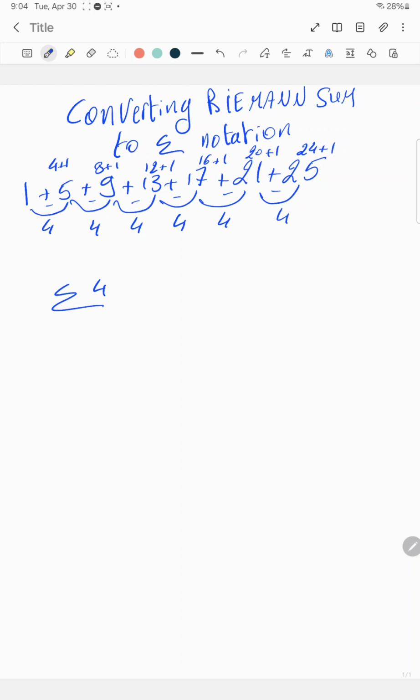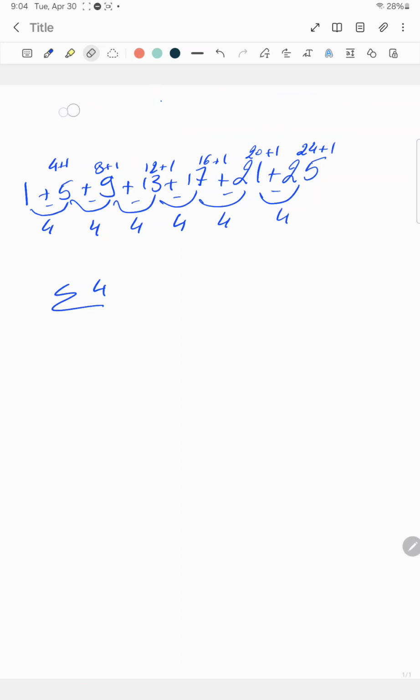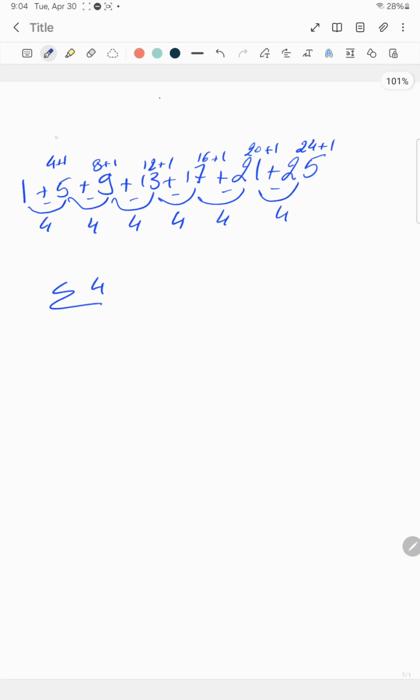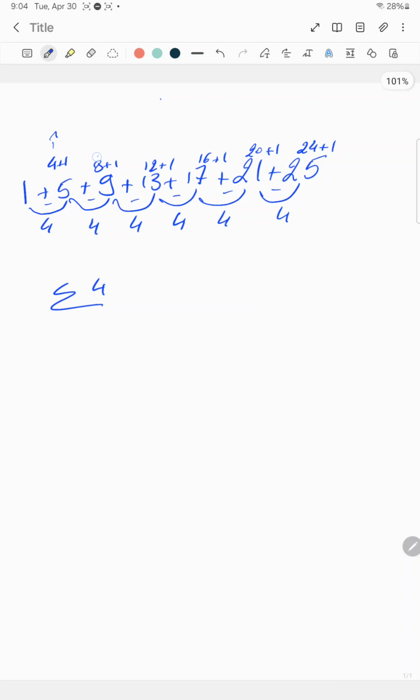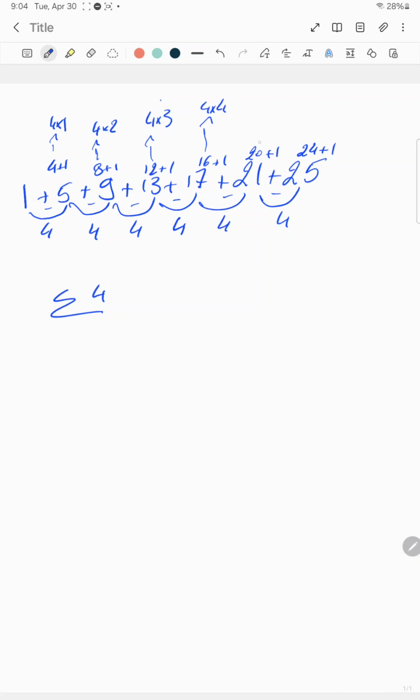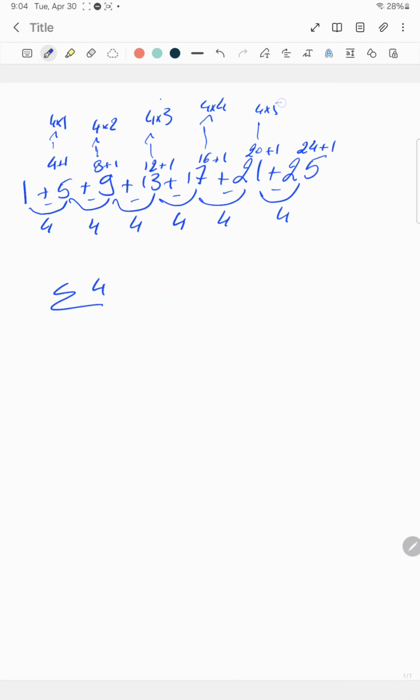And if I look, 4 is a multiple of 4, 8 is 4 times 2, and this is 4 times 1, and the 12 is 4 times 3, the 16 is 4 times 4, and this is 4 times 5, and 4 times 6.